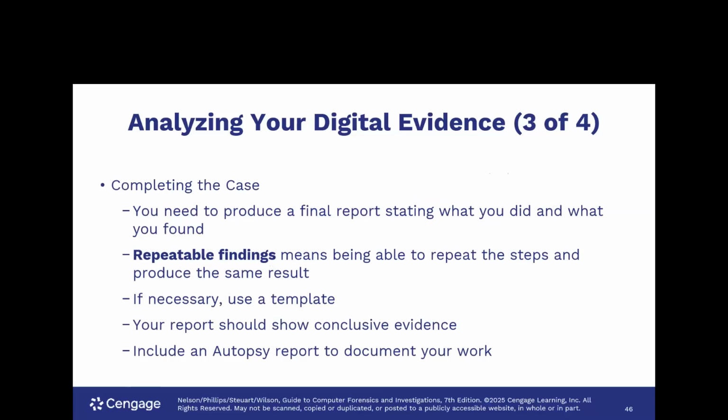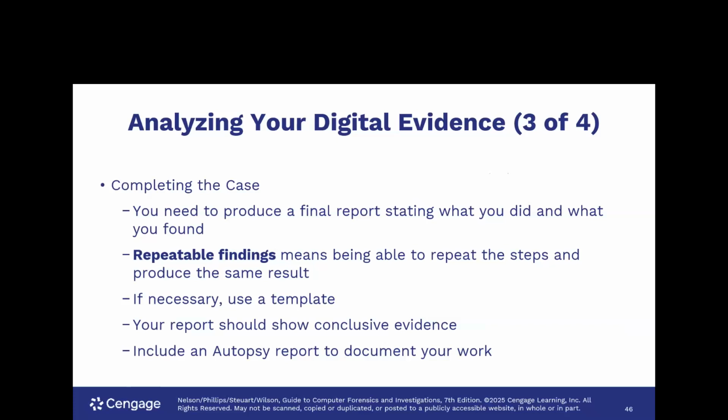Eventually, the investigation has to become a report. The report should explain what you did and what you found, which goes back to step-by-step documentation. Another important concept is repeatable findings. You must be able to repeat the steps and produce the same results. Another qualified investigator should also be able to follow those procedures and produce the same results.